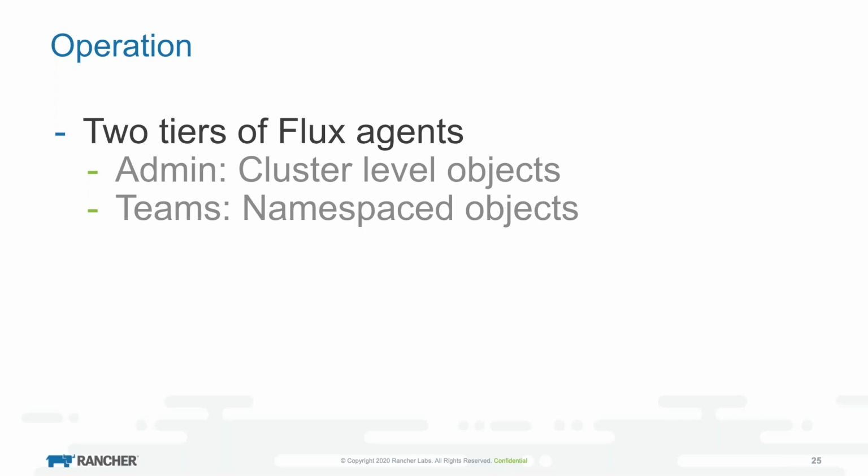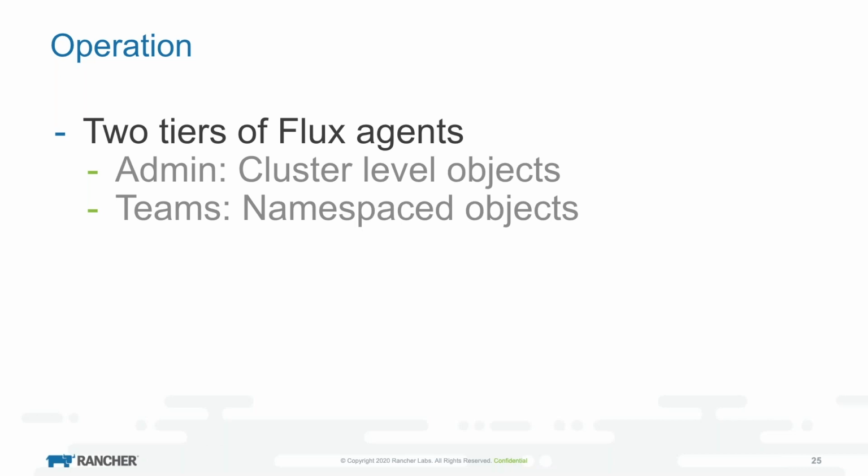It depends on how you want to delegate things. The multi-tenant model that the Flux team developed, what I really like, is that it helps sandbox different teams to a namespace or a group of namespaces.